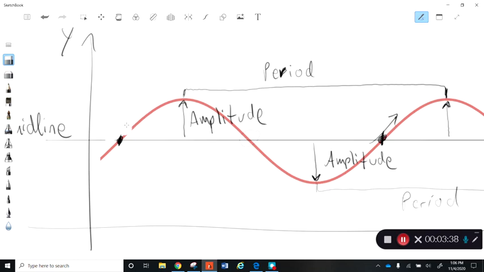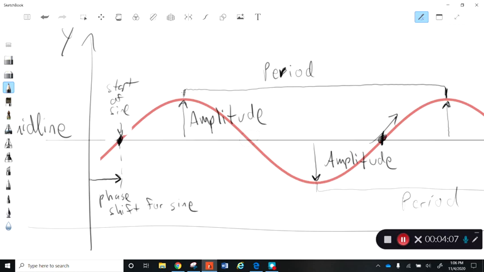So this point right here should be the start of the sine function. And this distance right here, the amount by which it's shifted off from 0, that is called the phase shift. So that's a phase shift for sine. Okay, so that's sine, because that's where it would start.